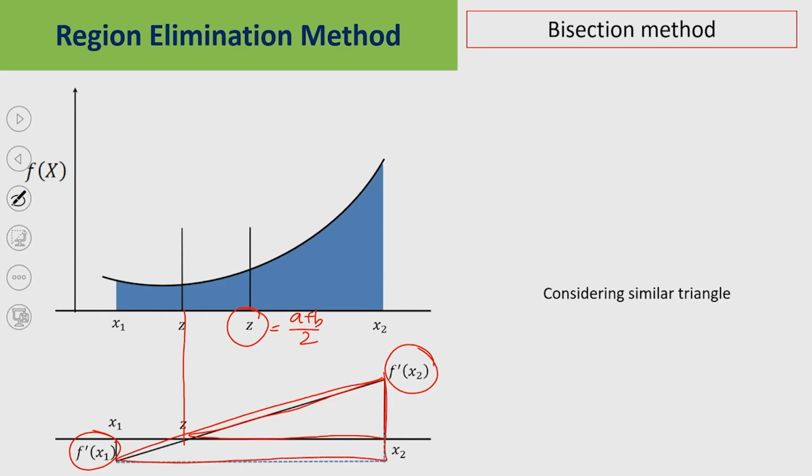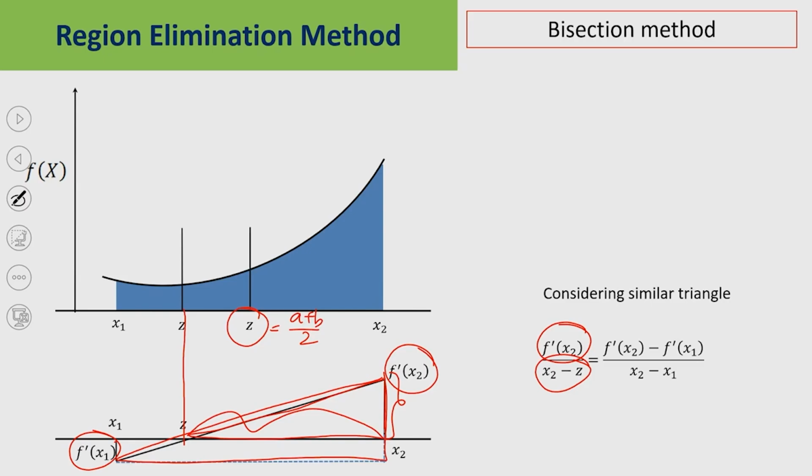If I consider these two similar triangles, I can write f dash x2 divided by x2 minus z. I need to calculate the value of z here. This is from the first triangle, that is f dash x2, and this is x2 minus z.